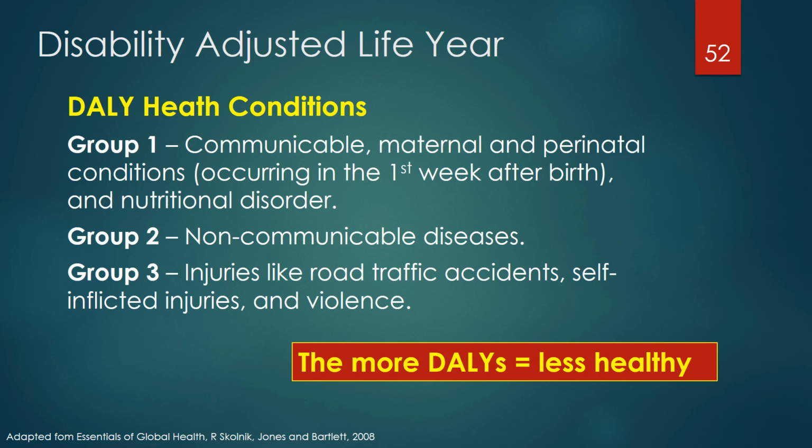A country or group that has more DALYs in the three groups of health conditions listed is considered less healthy than others with less DALYs. A goal of health policy is to reduce the number of DALYs in the most cost-effective manner possible.